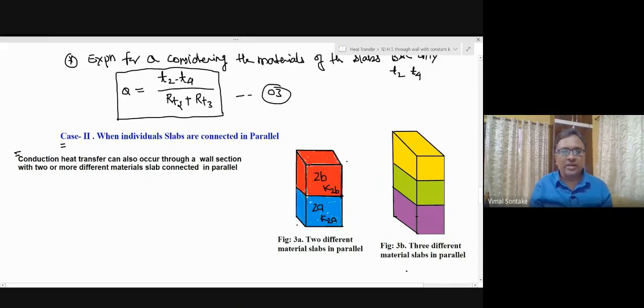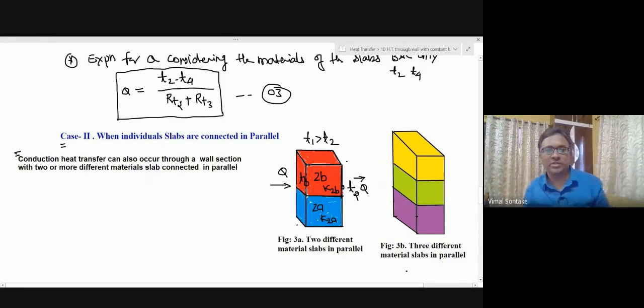Let's say the entire face is at temperature T1 and this face is at T2. T1 is greater than T2. So by virtue of the temperature difference, heat transfer will take place from the left face to the right face.